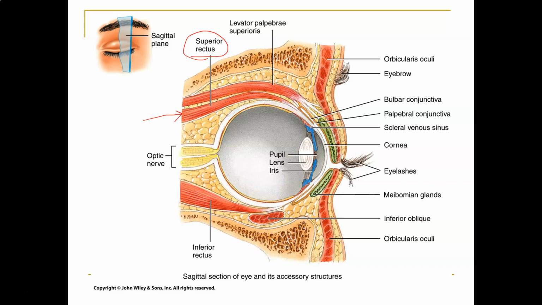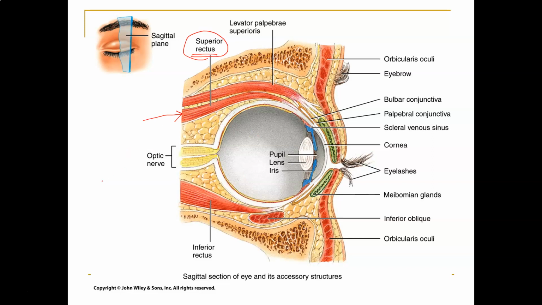And they are systematically named. 4 of the 6 extrinsic eye muscles extend straight back, so they're called rectus, means straight. So there's a superior, an inferior, a lateral and a medial rectus, and then there are also 2 oblique muscles. This view doesn't show all of those, but keep in mind that you do need to identify them. Their job is to move your eyeball around in the socket.